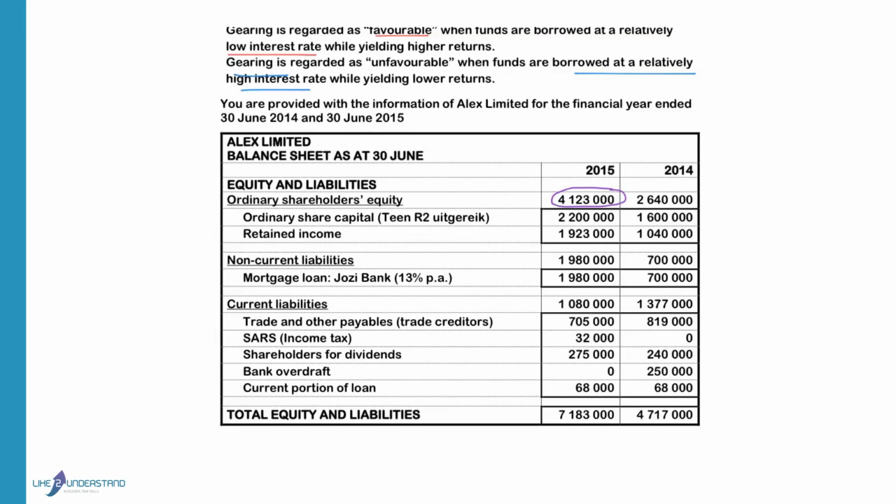Retained income actually also belongs to the owners, the shareholders, because it's profit that was not divided between them. The long-term borrowings is the one that will determine whether you use more own capital or more borrowed capital. So don't use the current liabilities here, only non-current liabilities.